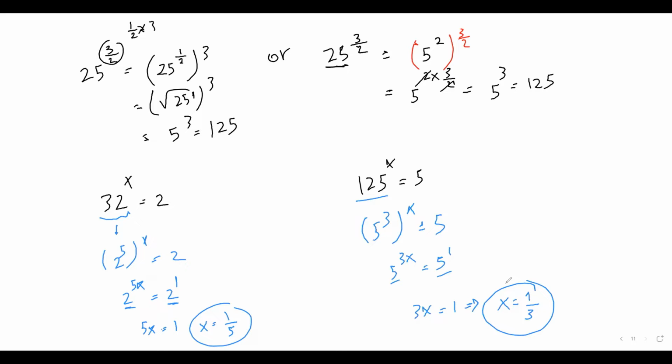And without a calculator, this is a common question. So I'm going to make it a little bit more complicated this time. We're going to use all the laws that we have learned today.